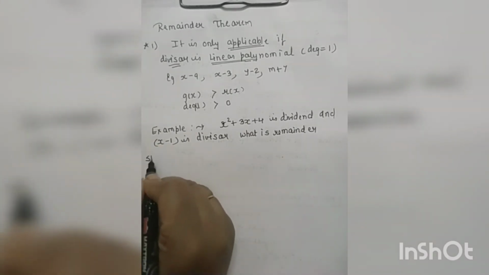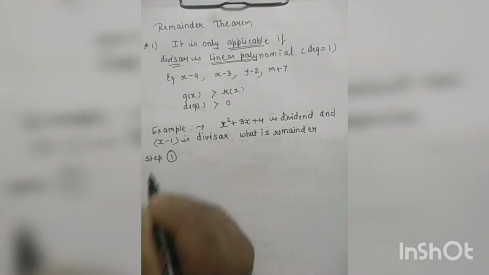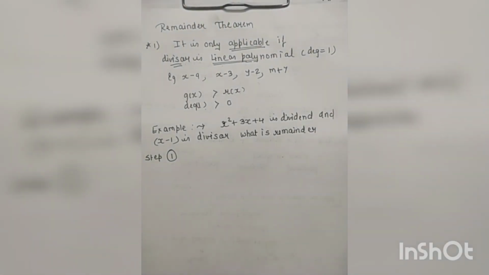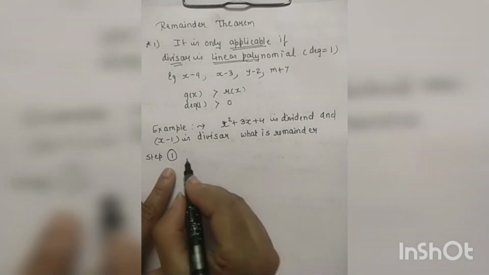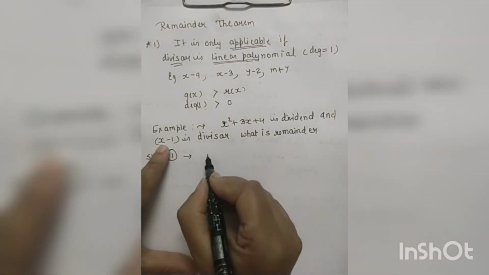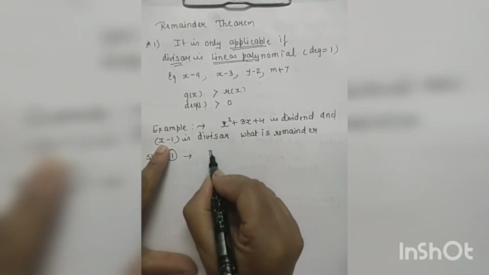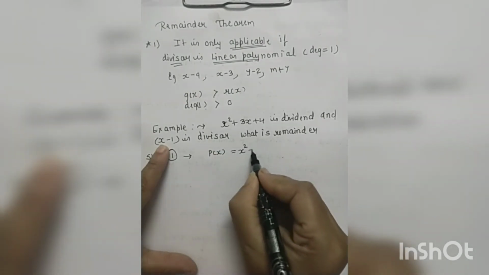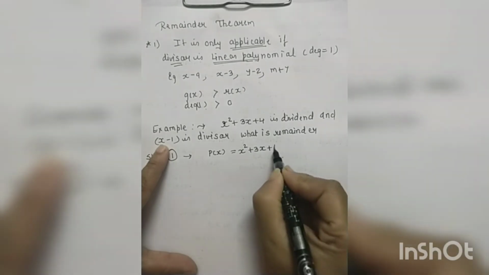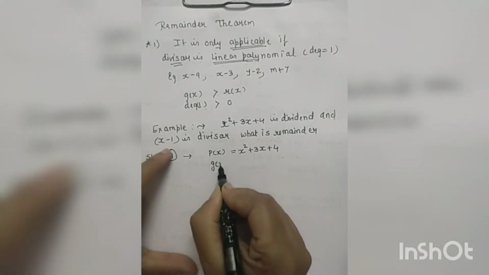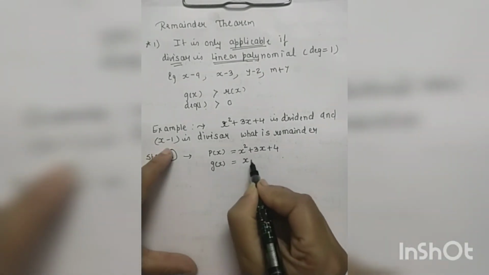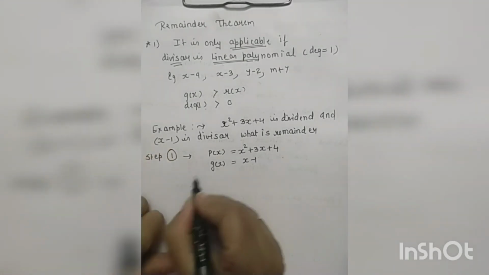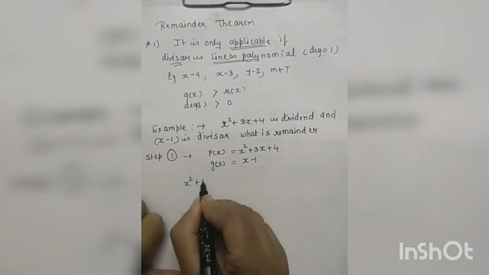So what is my step 1? Keep it in mind, whatever step I am repeating is very, very important. Step 1: p of x, our first polynomial, is x square plus 3x plus 4, and our second polynomial, g of x, is x minus 1.